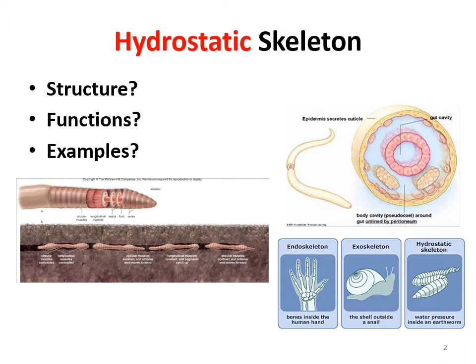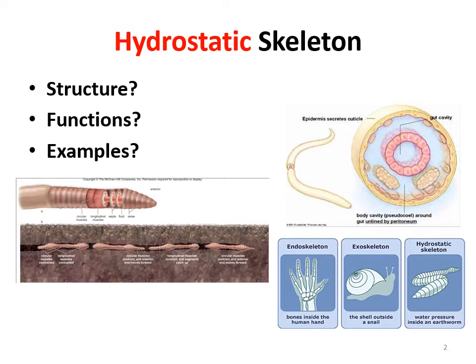Whenever you see hydro, think liquid, water. So they have a fluid-filled cavity that's called either a gastrovascular cavity or a coelom. When you see coel, that's relating to coelom.